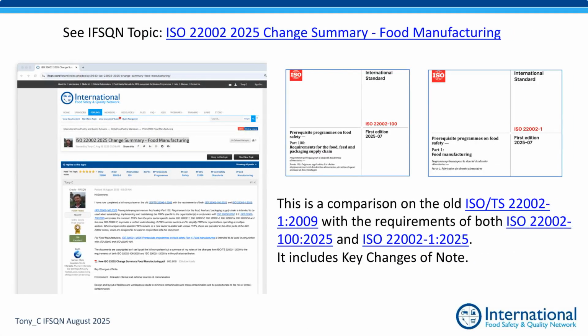If you go to this topic on the website, there's a summary posted there of the changes between ISO 22001 with the requirements of 22002-100 and 22001:2025. So that's prerequisite programs on food safety, requirements for food, feed and packaging supply chain, and prerequisite programs on food safety for food manufacturing.